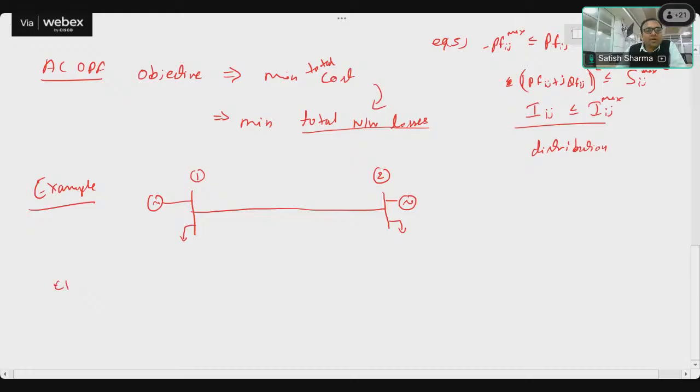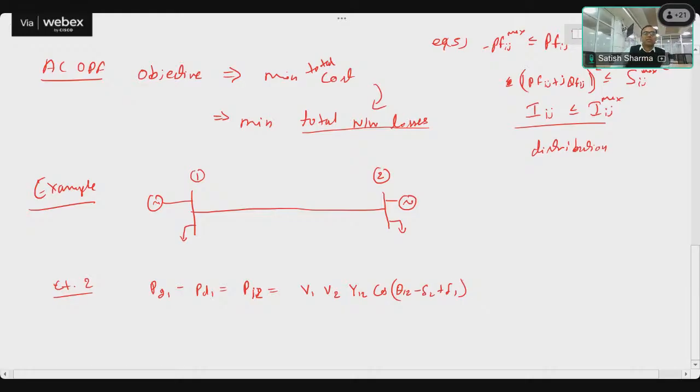Let's say I write down constraint number 2: PG1 minus PD1 equals P12, because only one line is there, and that will be V1 V2 Y12 cos of theta12 minus delta2 plus delta1. I think we all agree with this particular formula.